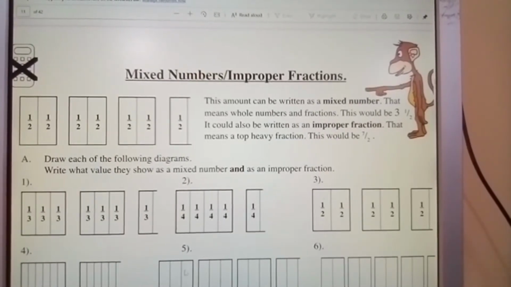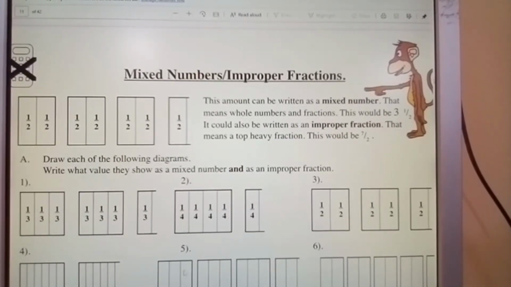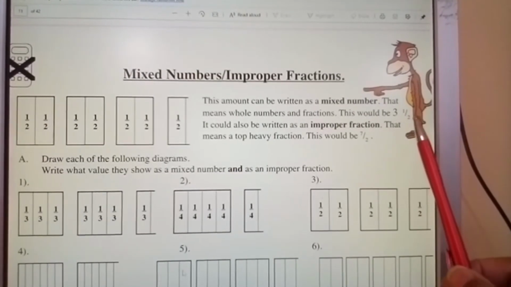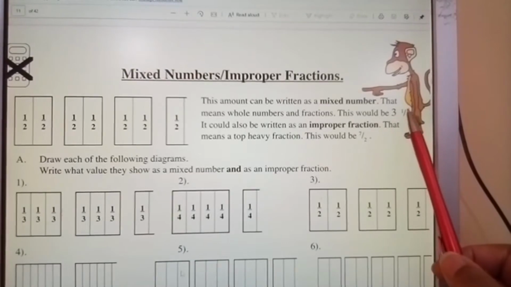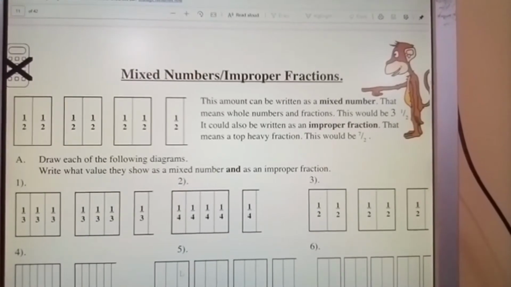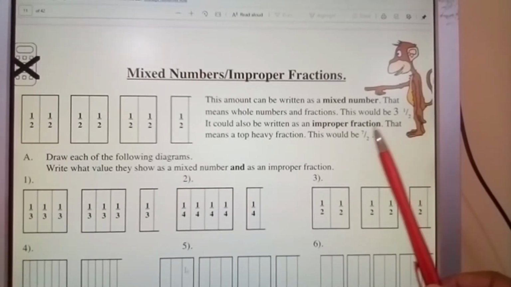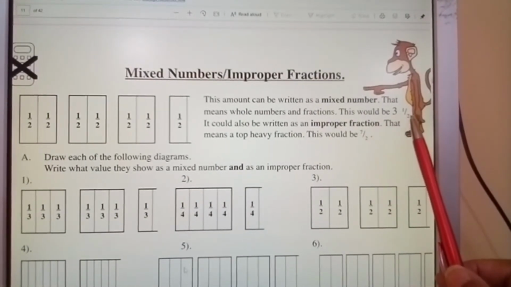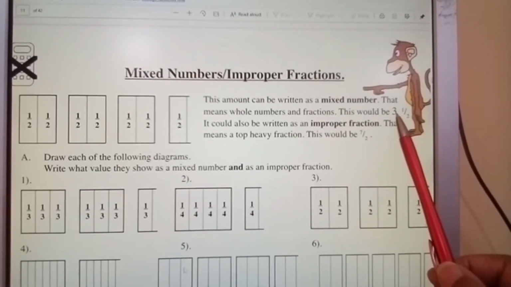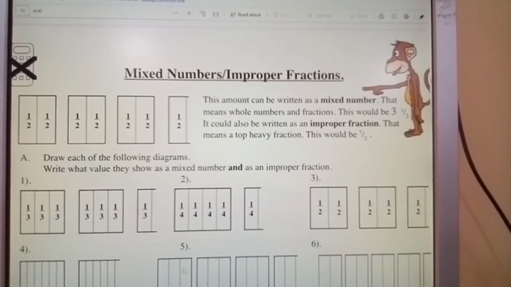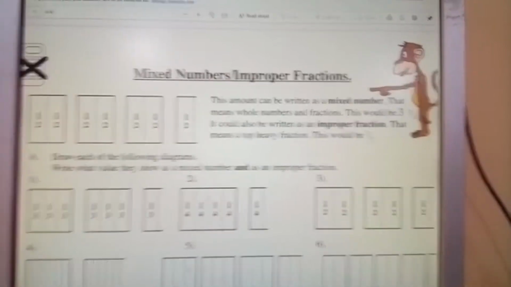Okay? And we get 7/2 by multiplying 2 times 3, 6, plus 1 would be 7/2. Okay? Again, I will repeat that. You'll get 7/2 by 2 times 3 is 6, plus 1 is 7. Therefore, you'll write it as 7/2. That becomes the top-heavy fraction. Okay.